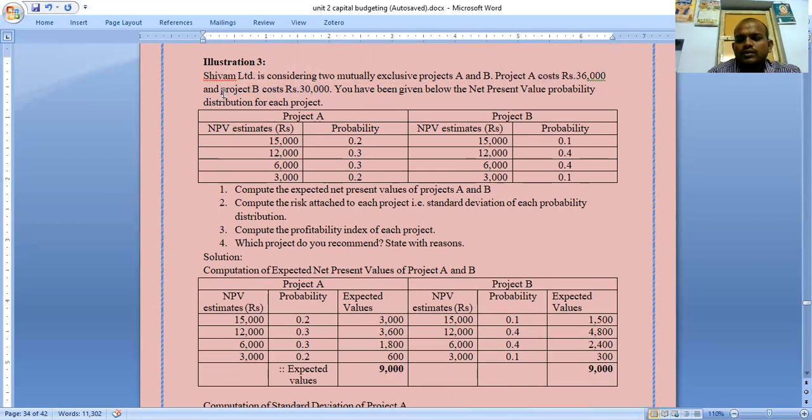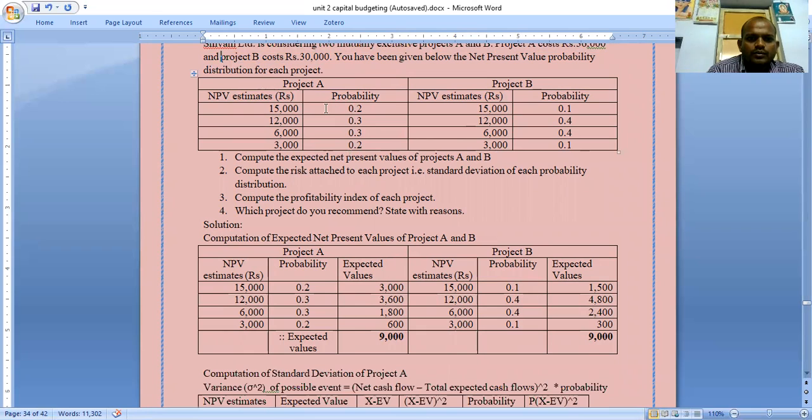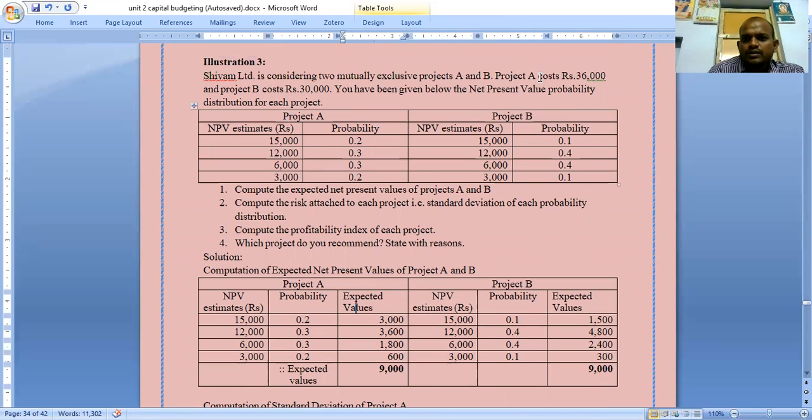So what are the present value of cash inflows? Here we have to consider the risk factor. After considering the probability, whatever expected values we get, we have to add this to the project cost. That will be the PV of inflows.